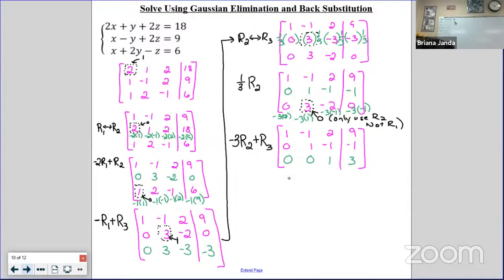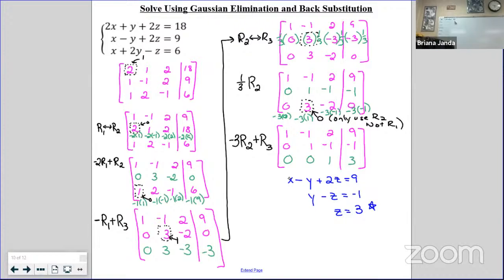So we are looking at 1x minus 1y plus 2z equals 9 would be that top equation. My second equation would be 1y minus z equals -1. And our last equation would be 1z equals 3. And it's because of this that our solving becomes very easy at this point.